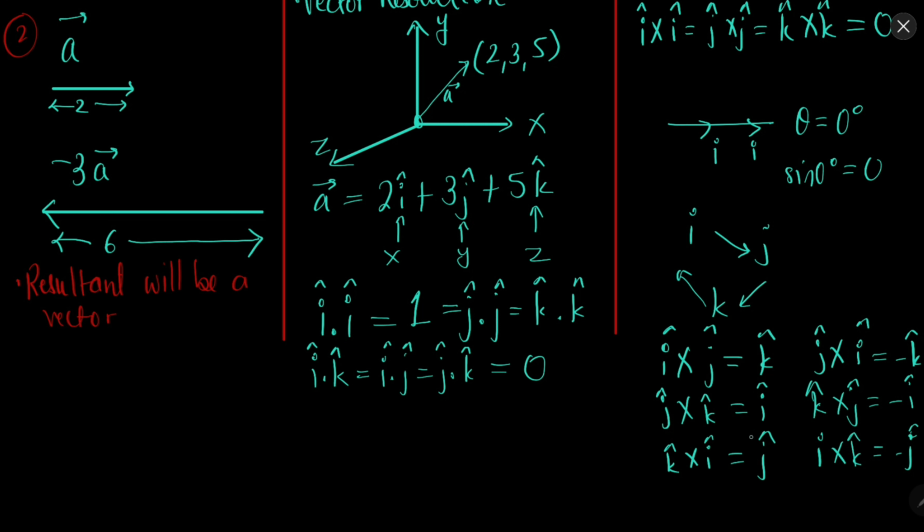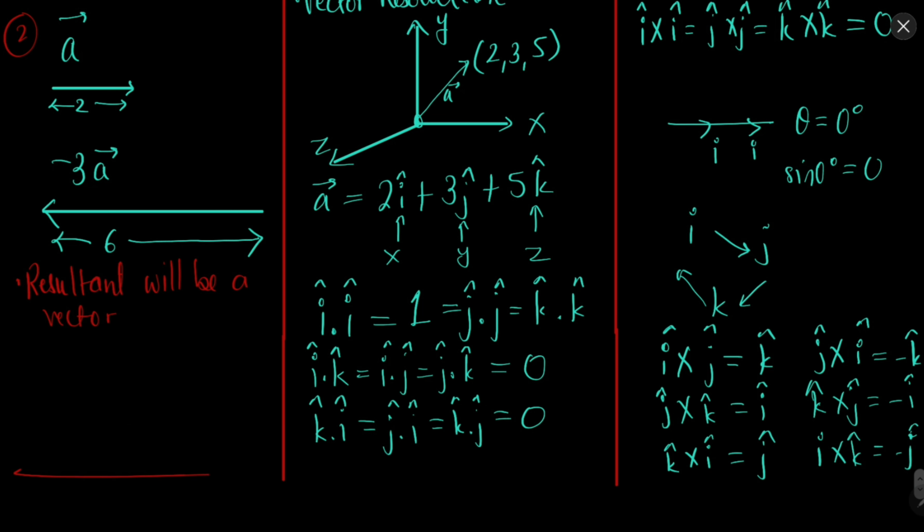So this is important: in vector multiplication the order of multiplication is important, so keep that in mind. In scalar multiplication this is not the case. You can do it whichever way you like, you will get the same answer. So the order of operation is important in vector multiplication.